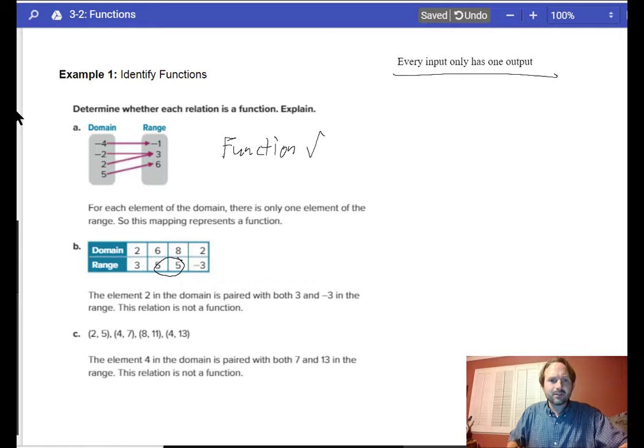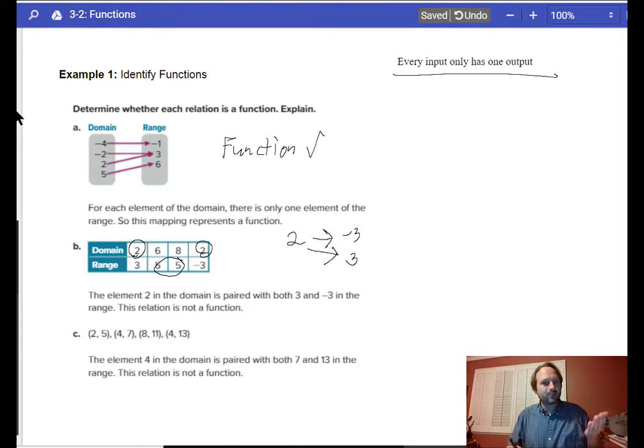In this scenario, you have the input of 2, and you pushed it twice. This has two outputs. If you push a 2, you could either get a -3 or a 3. This is a mapping of it. You get two choices. And so this is not a function.